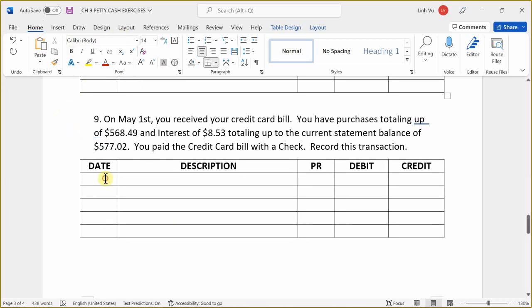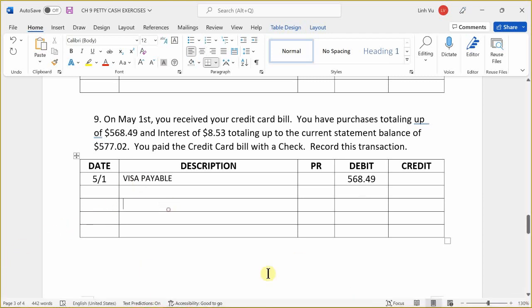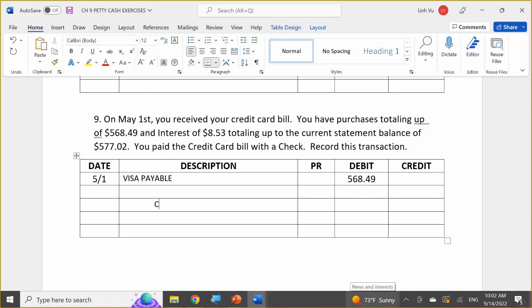So it'd be the date and then Visa payable, good, and $577.02 for debit. Not $577.02, the $568.49, because that's the money that you actually spent. What else is included? Your checking account. How much is my check going to be for?